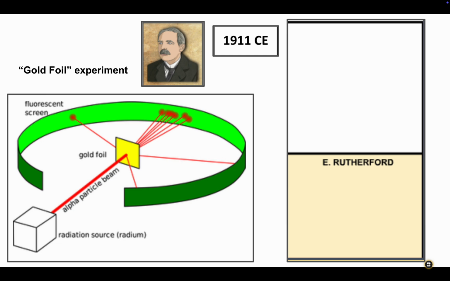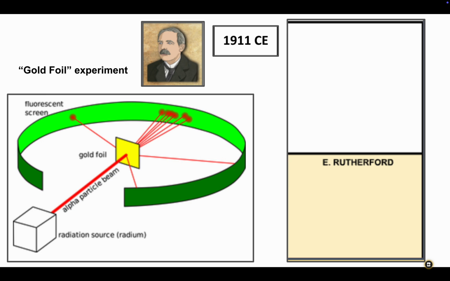But something really surprising happened, and you can kind of take a guess based on this picture. So most of the alpha particles did pass through. So if you look, that alpha particle beam is going straight, and then you can kind of see that there's some that are going straight through, although you can see that they're kind of angled, right?